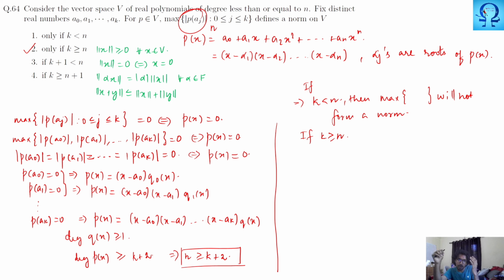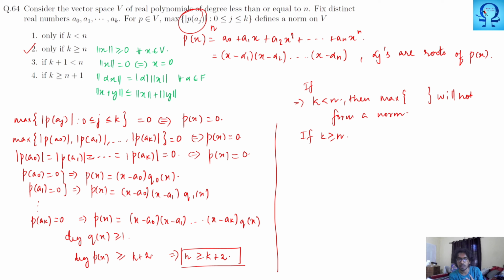And in option 3 and 4 they have given "if", and in option 1 and 2 they have said "only if". "If" means suppose that is happening, that k is bigger than or equals n plus 1 or k plus 1 is smaller than n is happening, then your maximum so and so will define a norm.